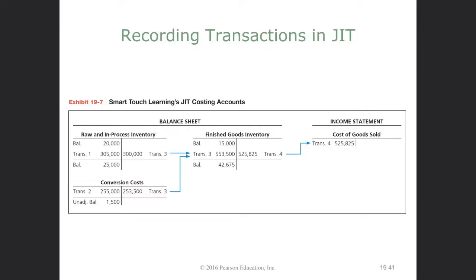And then transaction 1 happened. We debited the account $305,000. Then transaction 3 happened. We credited the account $300,000. To get the new balance of the account, we take the $20,000, the $305,000, the $300,000, and that's going to leave us with a debit of $25,000.